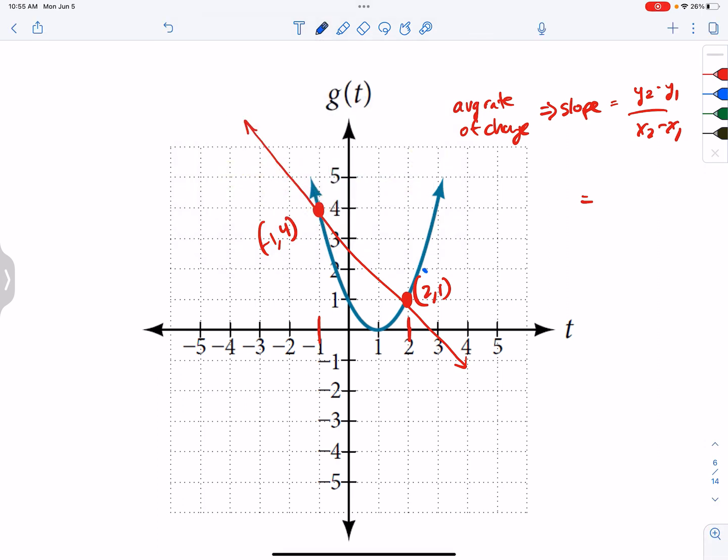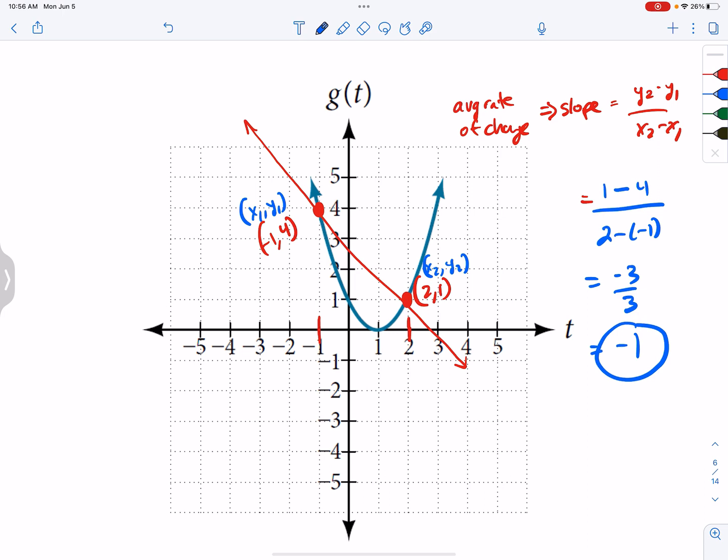Let me label this x2, y2, and this x1, y1. So we'll do 1 minus 4, divided by 2 minus -1. So we get -3 over 3, which comes out to -1. That's the average rate of change in that interval.